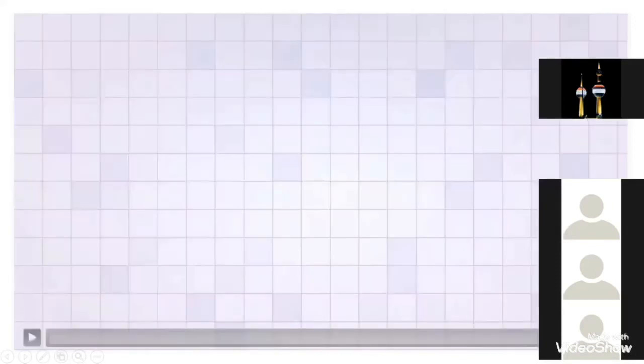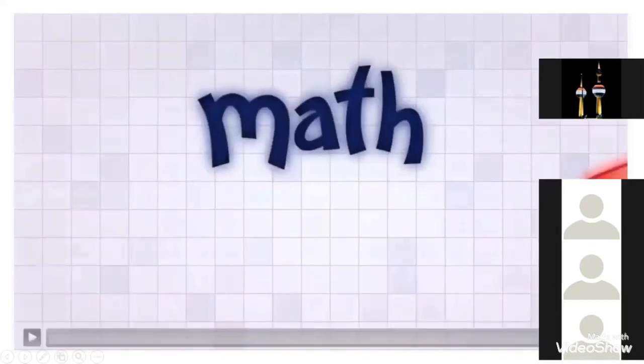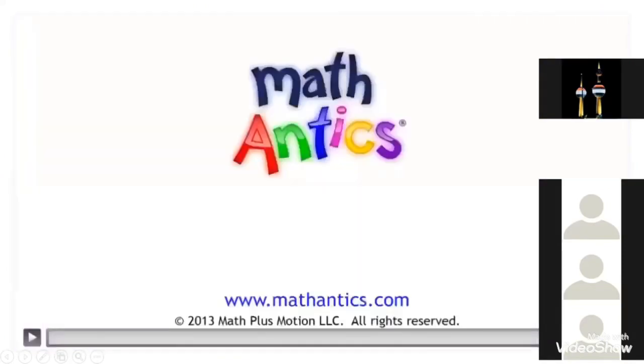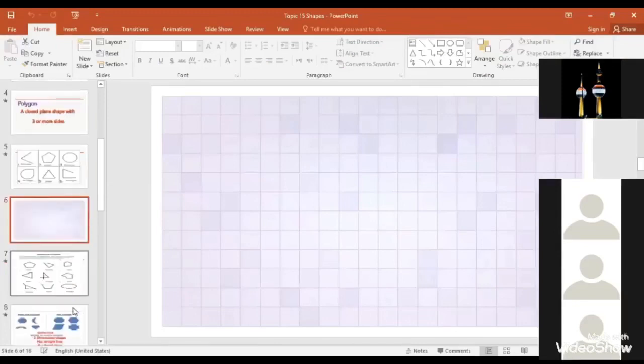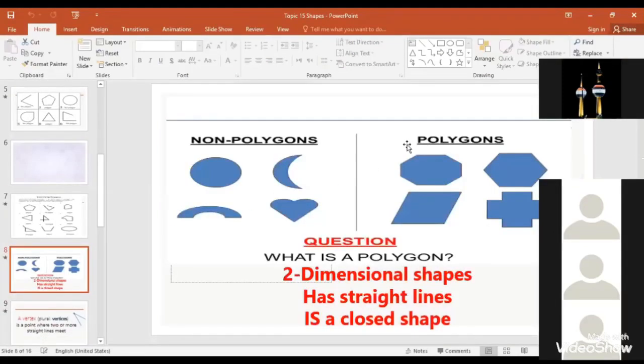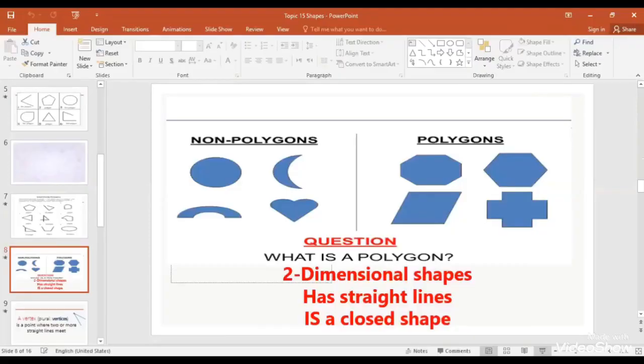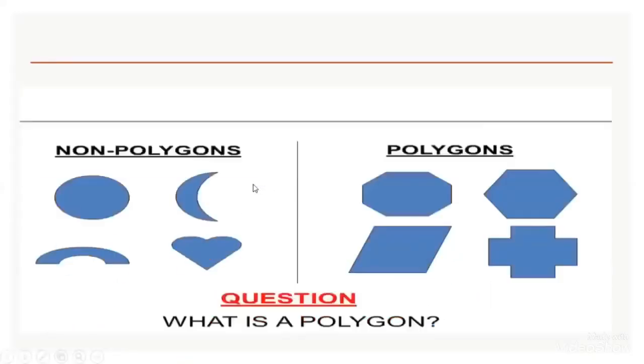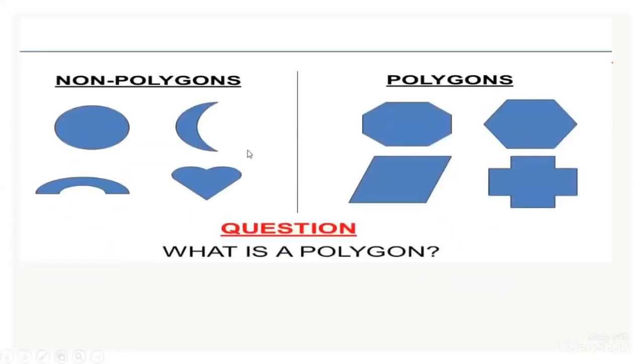Okay. This one we see. Non-polygons are like the moon here.